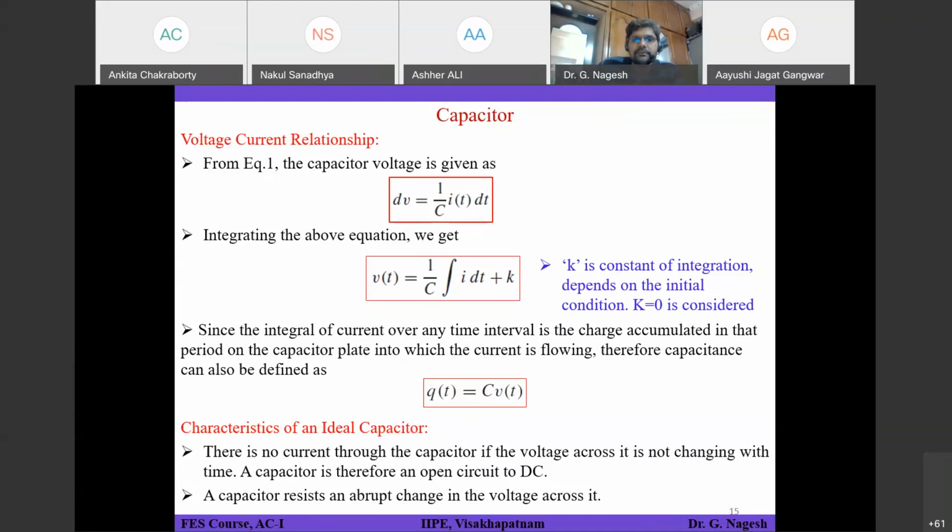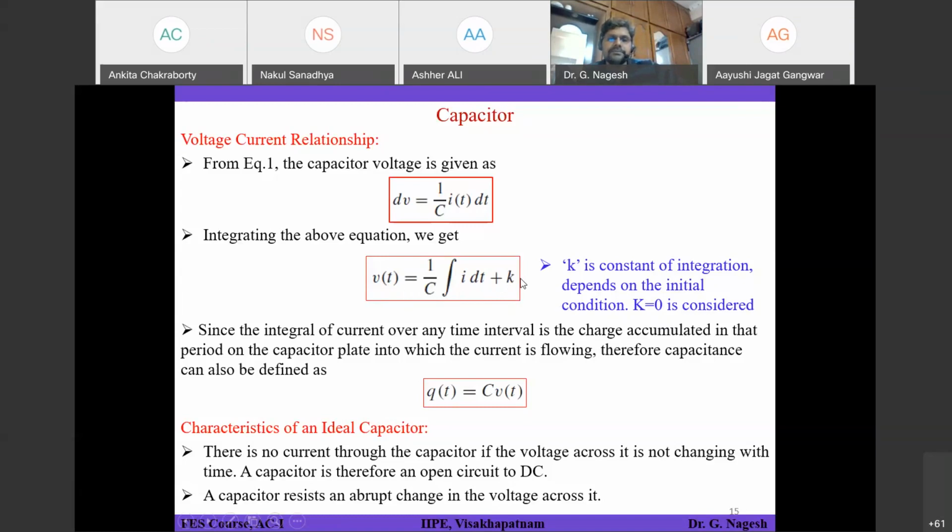Now if you integrate on both sides, you will get v(t) = (1/C) integral of i(t) dt + constant k. I hope you know this. i = C dv/dt, v = (1/C) integral of i(t) dt. This is the constant of integration.